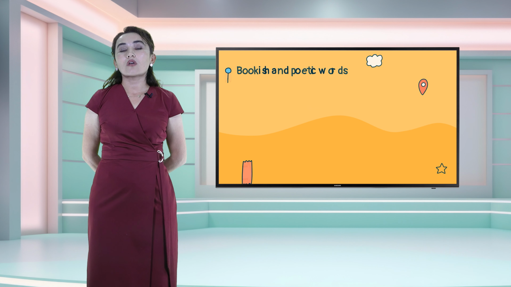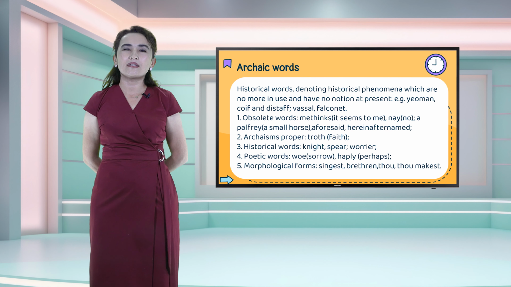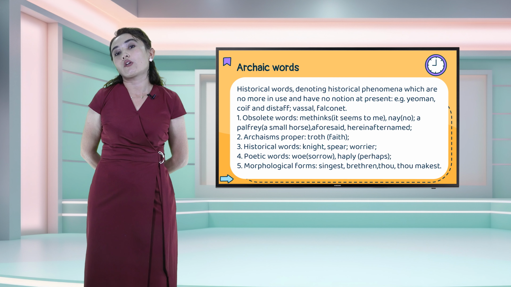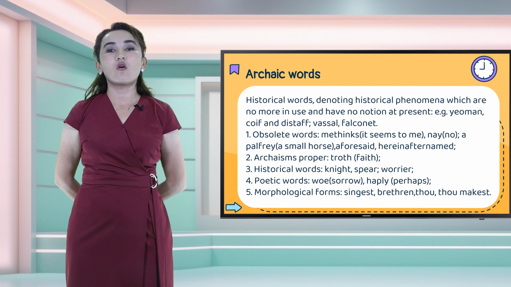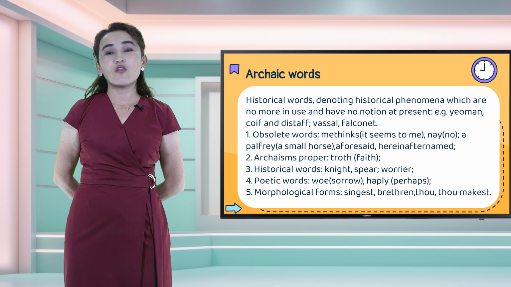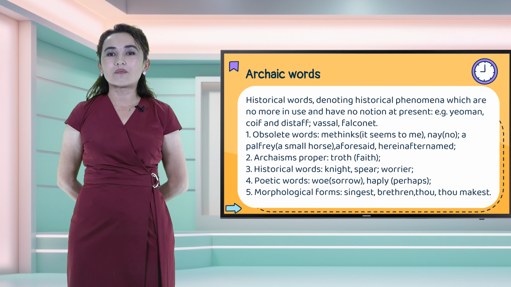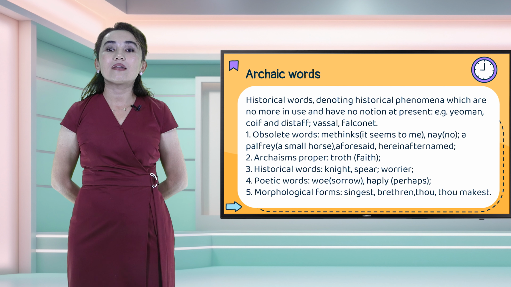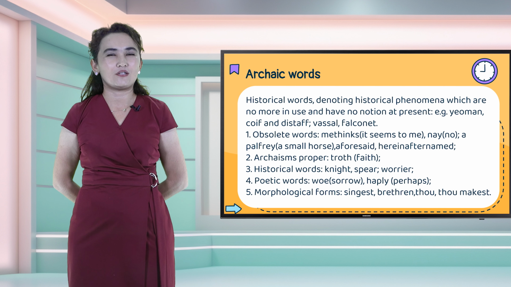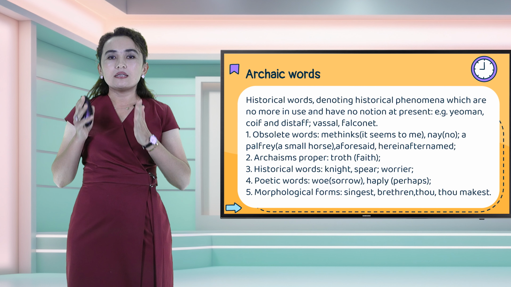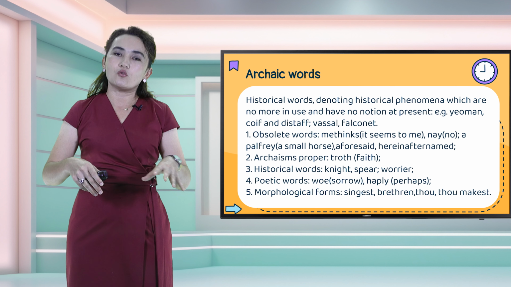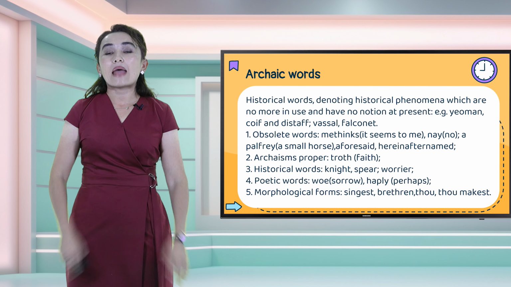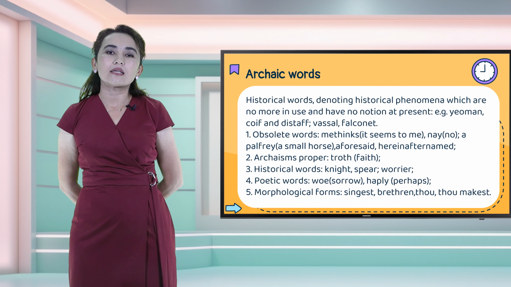And about archaic words. By the name, archaic words are historical words, denoting historical phenomena which are no more in use, which have no notion at present. For example, yeoman, coif, or vassal. Even these archaic words are divided into subgroups. For example, absolute words, such as methinks.